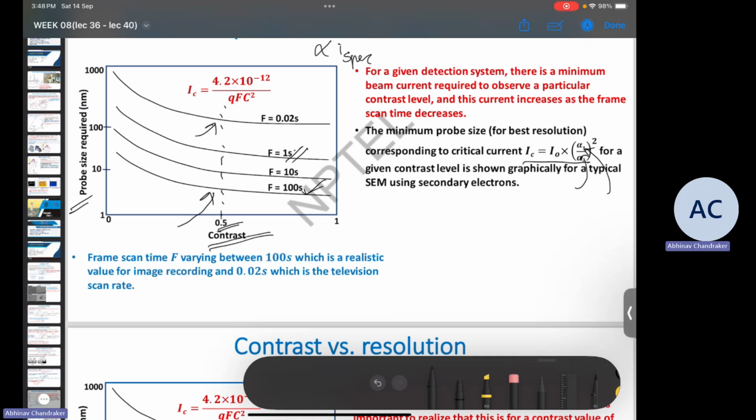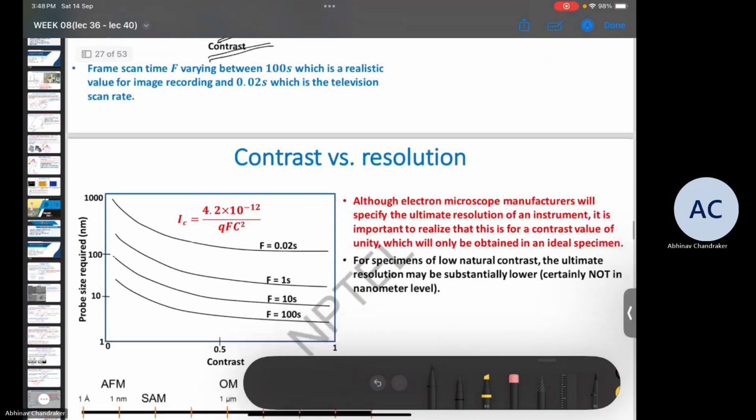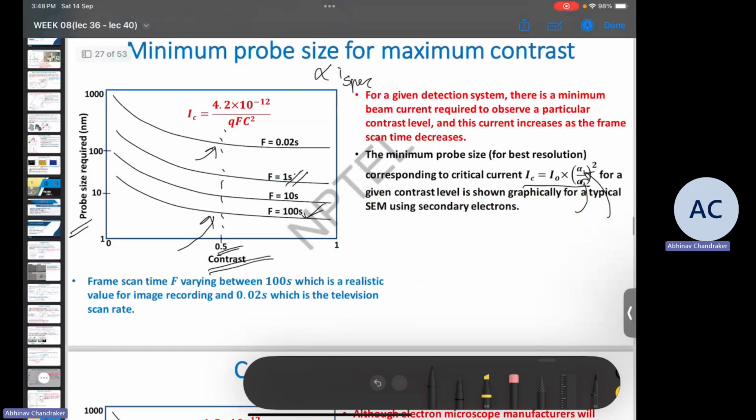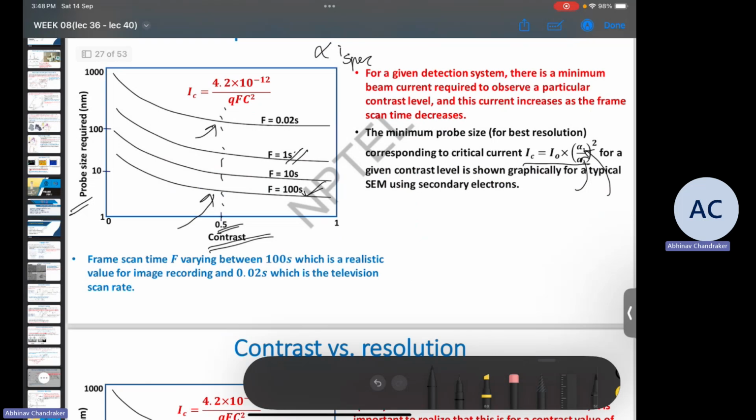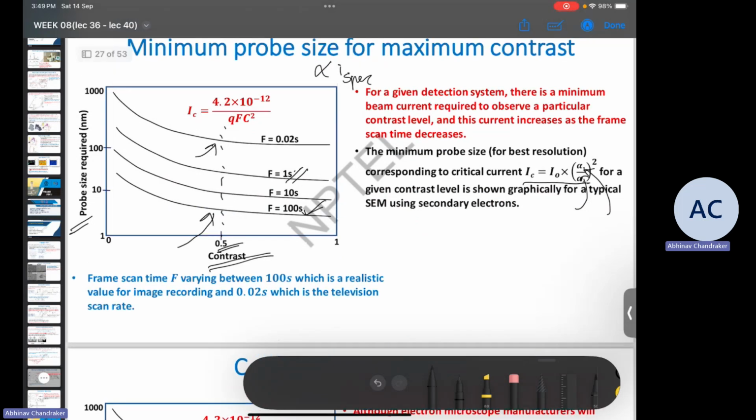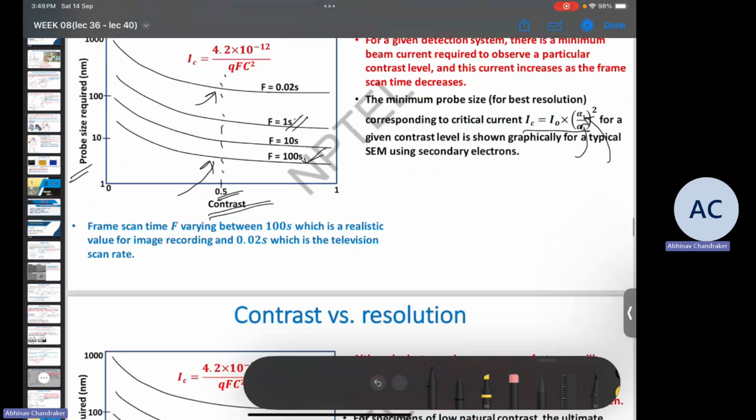So the smaller the aperture, the smaller the alpha 1 value, and the smaller the amount of current going through the objective lens, and as a result our probe size will decrease. And this decreased probe size will correspondingly also mean that we have a smaller specimen current, that is, fewer electrons are reaching the specimen.